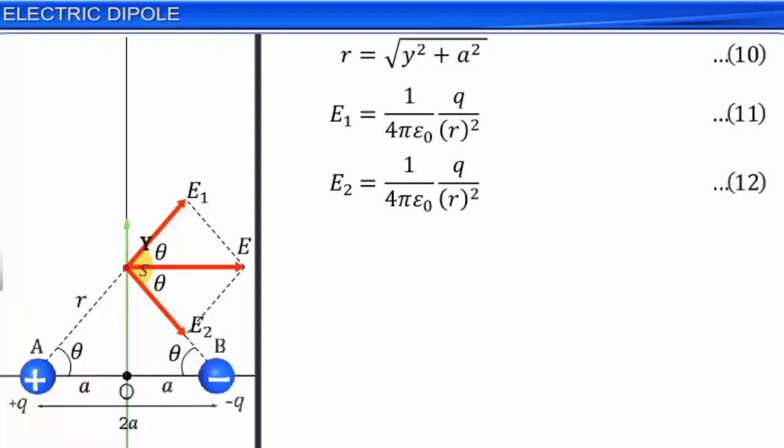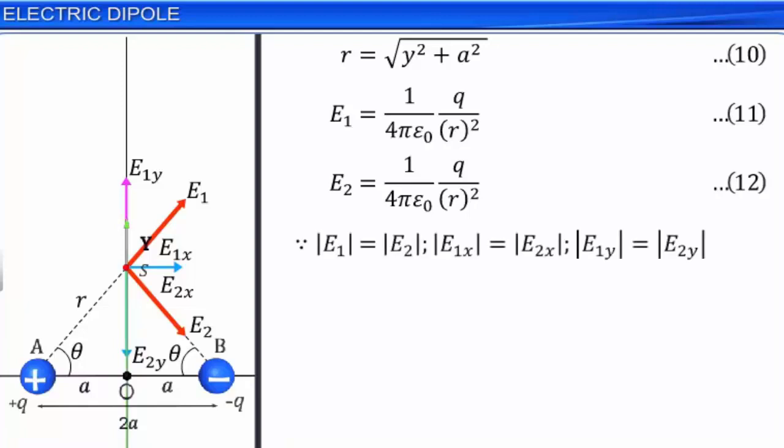The components of the electric field E1 along the x and y axes are E1x and E1y respectively as shown. And the components of the electric field E2 along the x and y axes are E2x and E2y respectively as shown. Since the electric field strengths E1 and E2 are equal in magnitude, the components E1x and E2x will be equal.